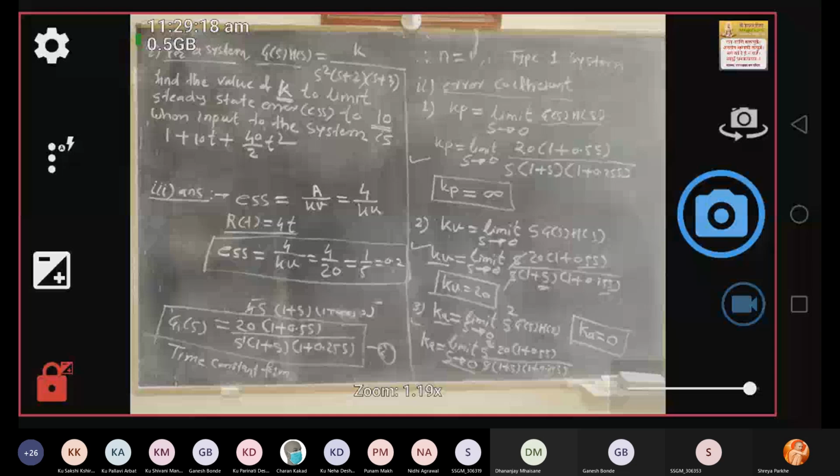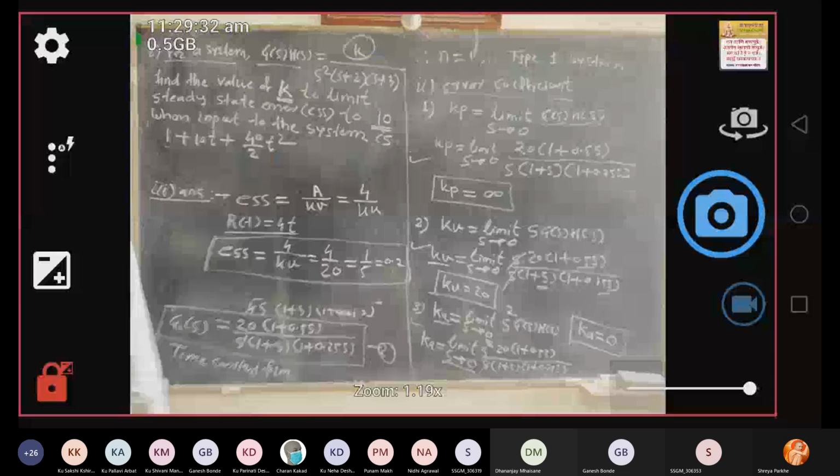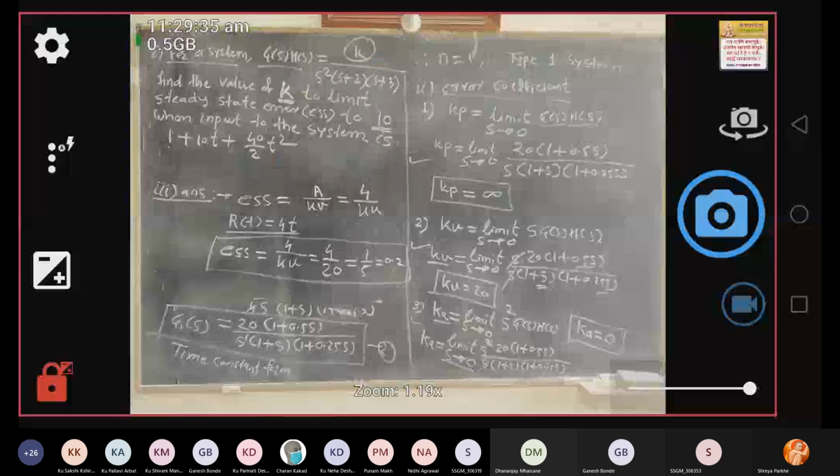So this is the input applied. So when this input is applied to the system, it will give you the steady state error to 10. And when we kept steady state error to 10, we have to find the value of this k. When we limit steady state error to 10, what is the corresponding value of k? So that we have to find.